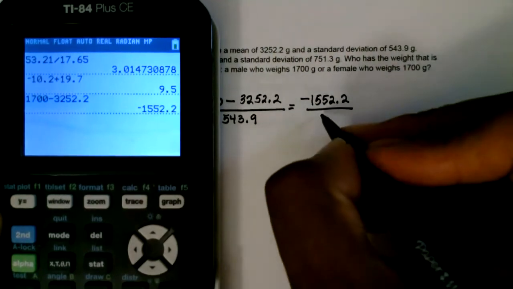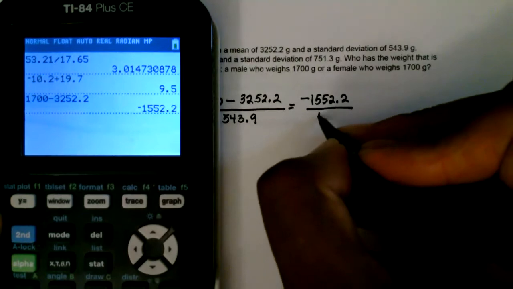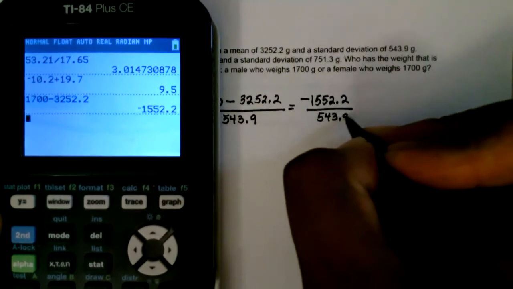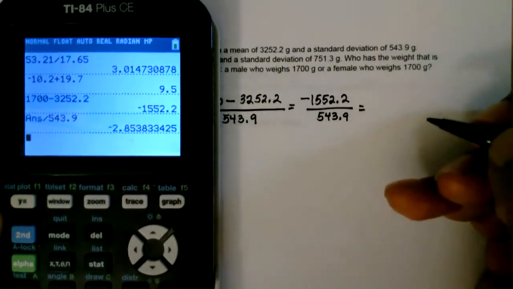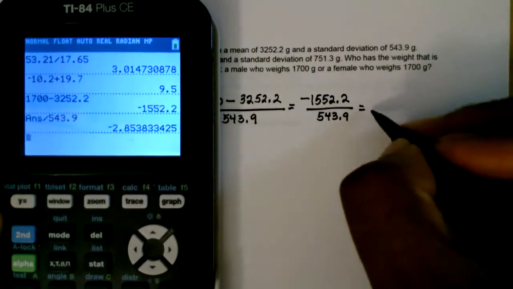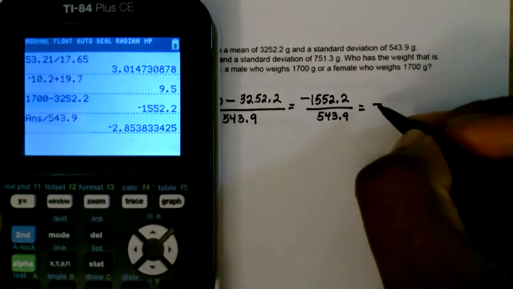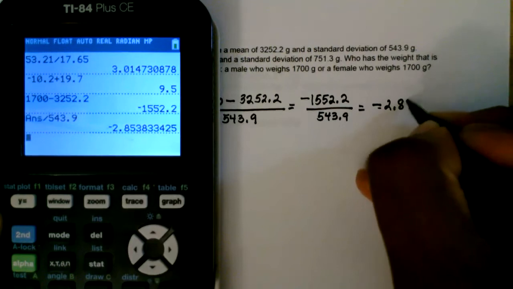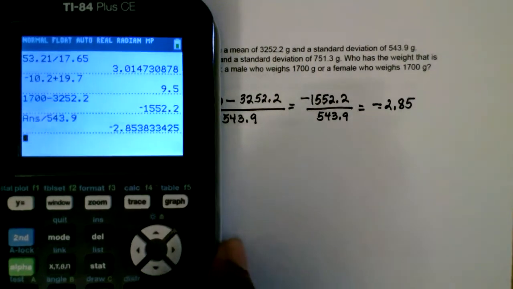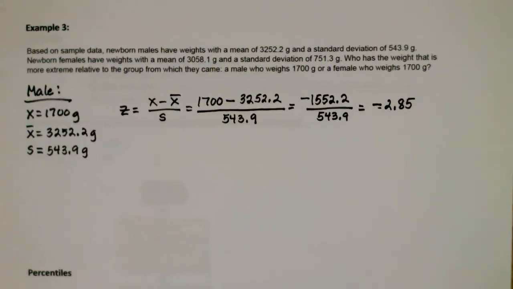I'll take that and divide it by 543.9. Now we round the z values to 2 decimal places, so this will be negative 2.85. So that's going to be the z value for a male who weighs 1,700 grams.